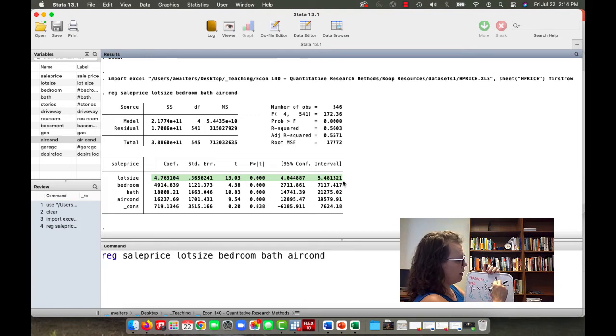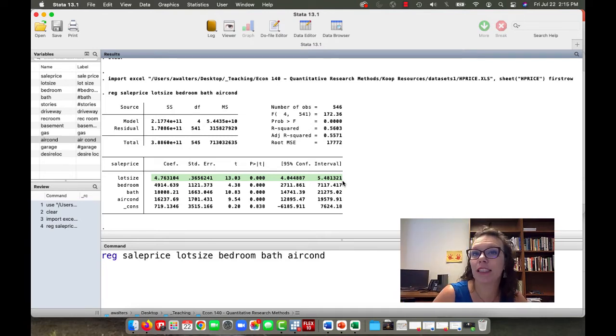So beta hat 1 is somewhere in between 4.04, I'm going to round again, and 5.48. We don't know the true value of beta 1, but we are pretty sure it's somewhere in here. That value, 4.76, lies within that confidence interval.